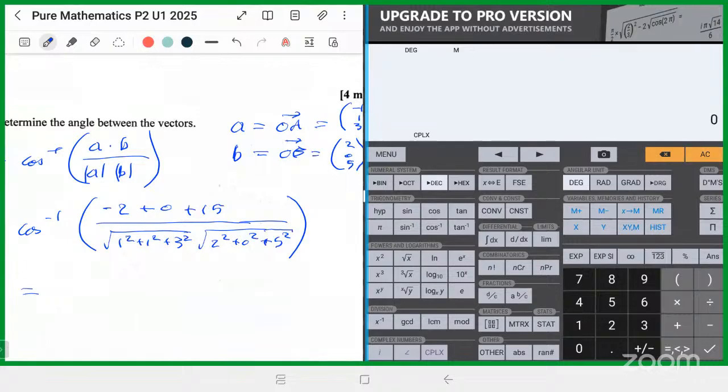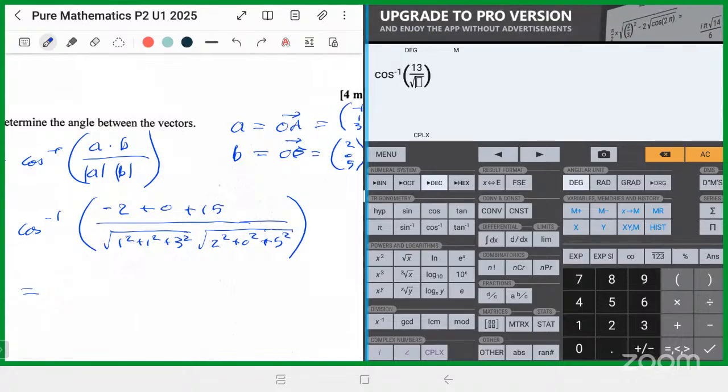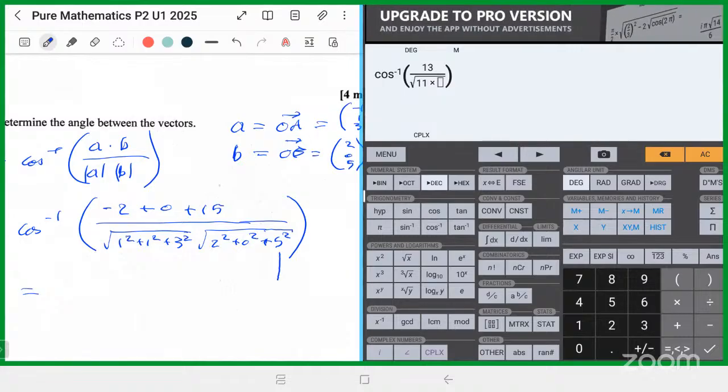So cos to the minus 1 of the fraction: 15 minus 2, that's 13, divided by the square root of 11, 9 and 1 make 10 and 1 make 11, times the square root of 29, 25 and 4 make 29.